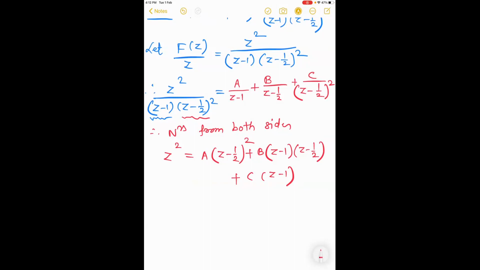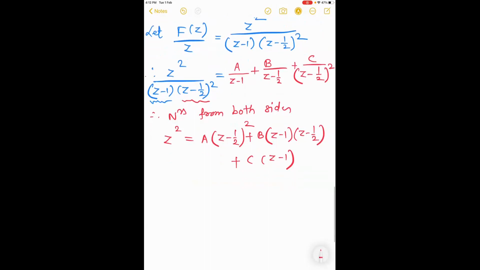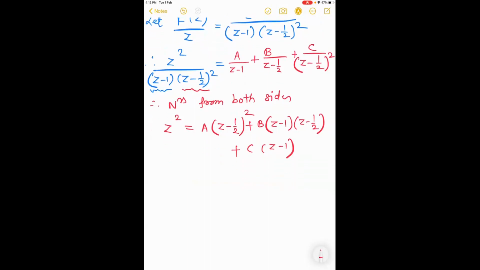Any doubt? Good. Now you have to put three values for z and get the answers for A, B, C. That is the next task.